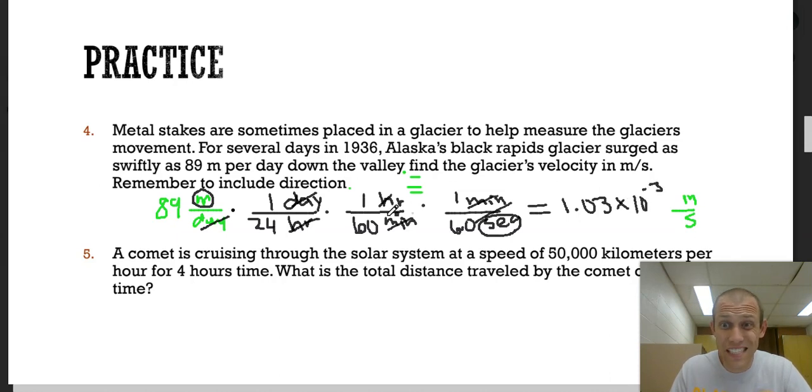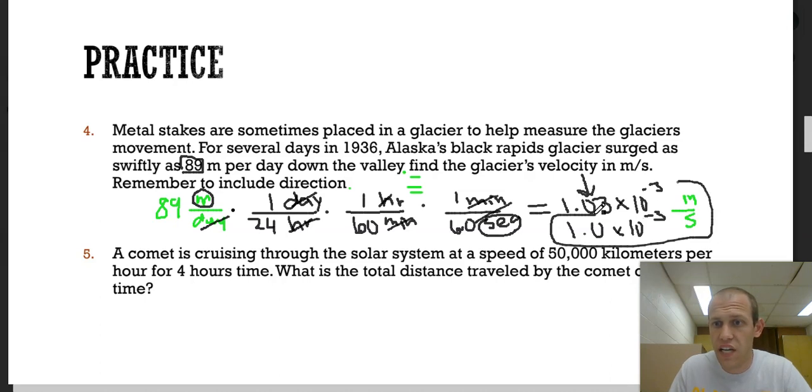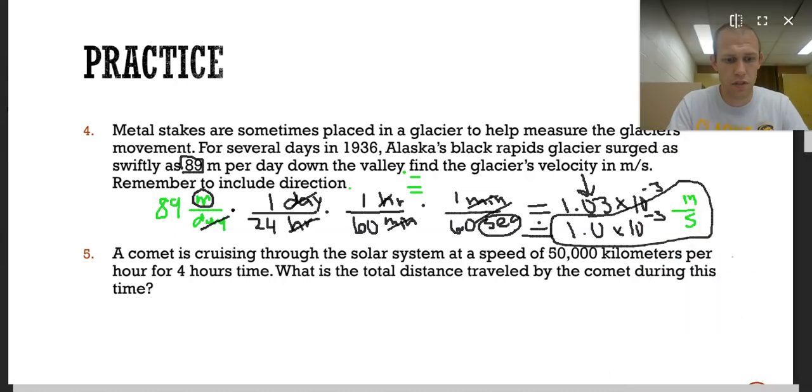And for sig figs, the only number I was given was the 89. So this was all multiplication, so I have to go to 2 significant figures. So this really should be 1.0 times 10 to the negative third. So very, very tiny. And this is approximate. All right, let's try one more. Let's see how much time we have for it first. Yeah, we can do it.